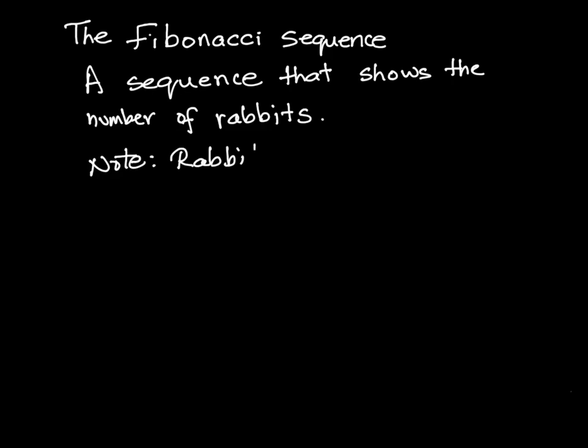So the thing that we need to know here is how that number would change. The rabbits produce offsprings only when they are mature, which is when they are 1 month old.